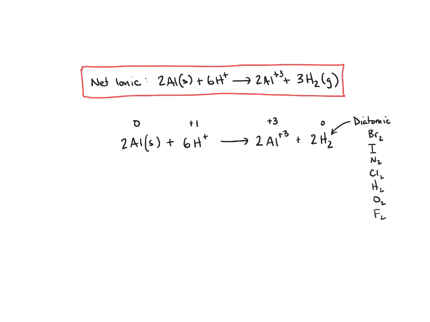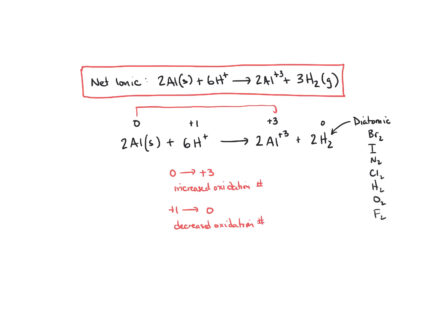Okay, so when we look at reduced and oxidized, the easiest way to do it is to just look at their charges. So if I look at aluminum, aluminum goes from a 0 to a plus 3. So by going from a 0 to a plus 3, it has increased its oxidation number. Whereas if I look at H, it went from a plus 1 to a 0. So that is a decreased oxidation number.